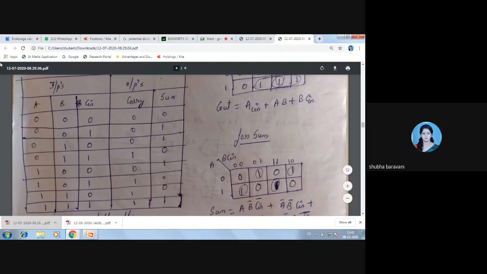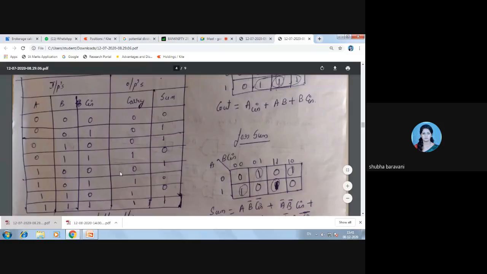Now, if it is 8 bits, how many rows will you require? For 3 bits I require 8 rows.